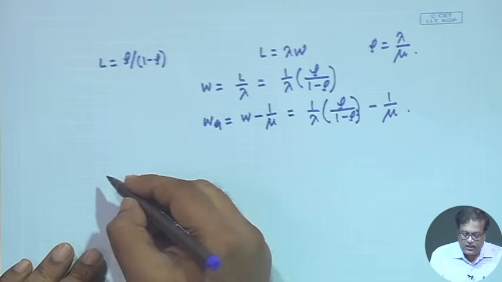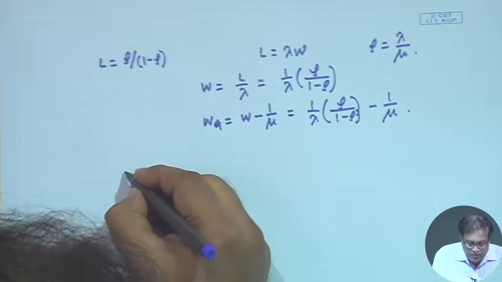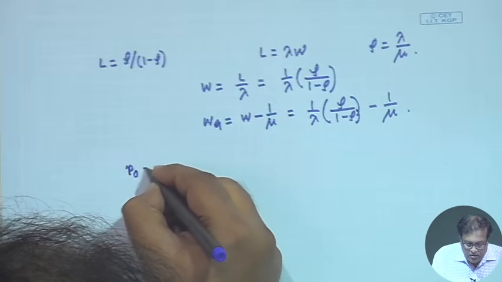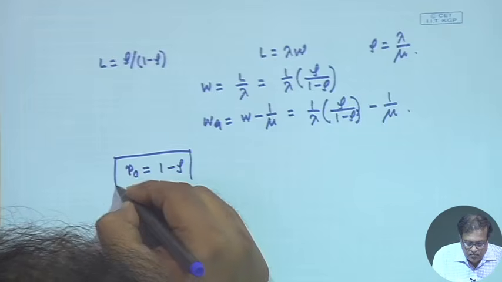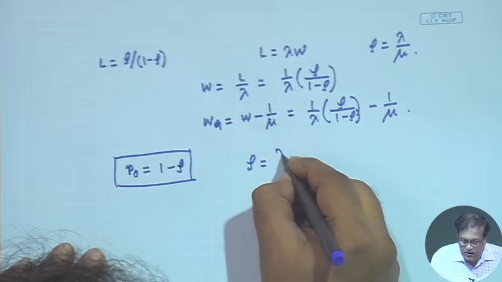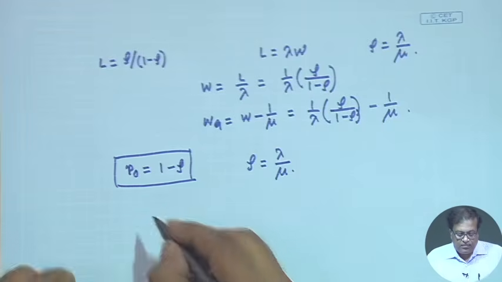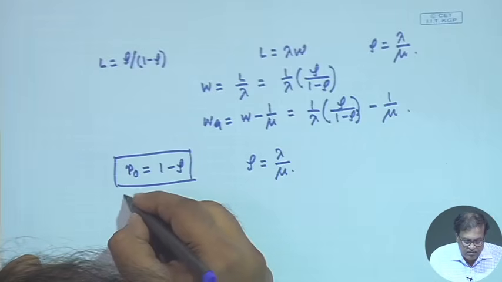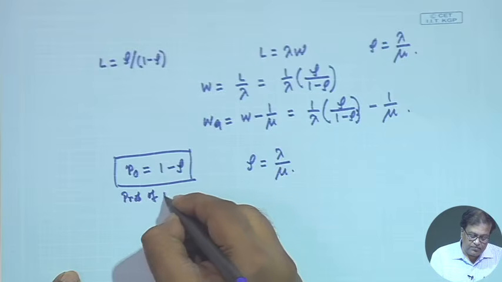What is that interpretation? We have already seen that P0 equal to 1 minus rho. And what is rho? Rho is lambda by mu. P0 means probability of nobody in the system.